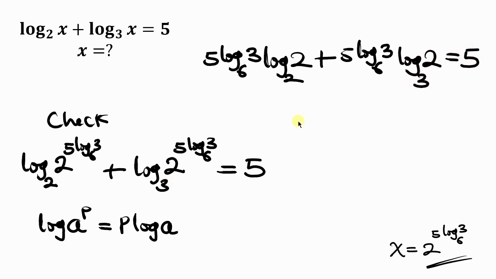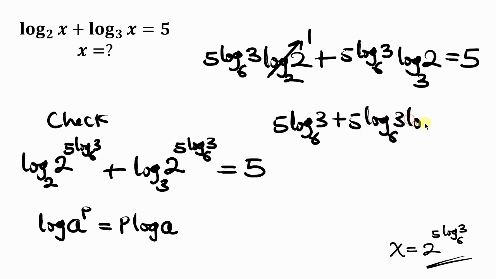Good. Now notice something. Log base 2 of 2 is actually 1. So when we multiply, we're going to have 5 times log base 6 of 3 plus 5 times log base 6 of 3 times log base 3 of 2 to be equal to 5.